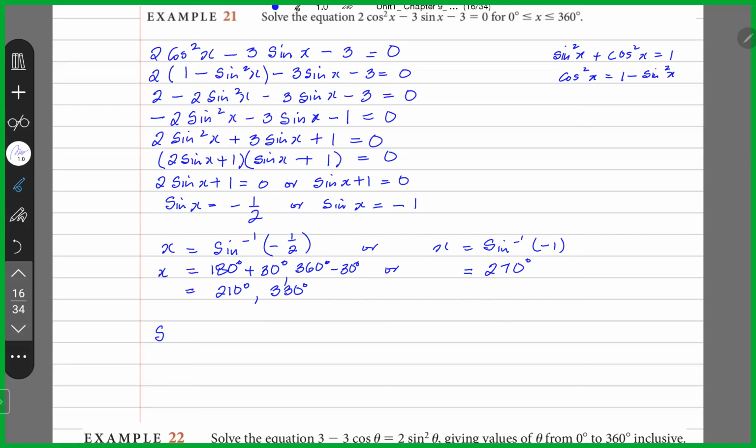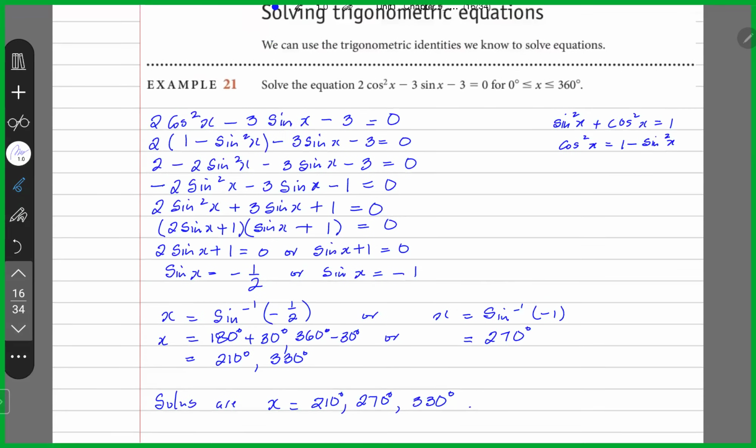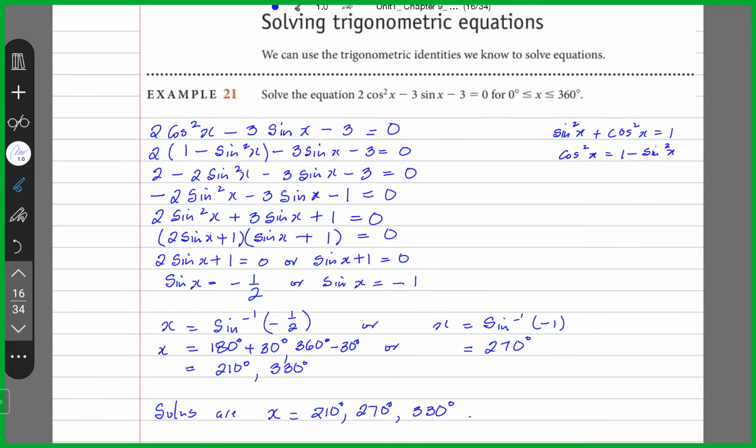So my solutions are x is equal to 210, 270, and 330 degrees. Those are my solutions to this trigonometric equation.